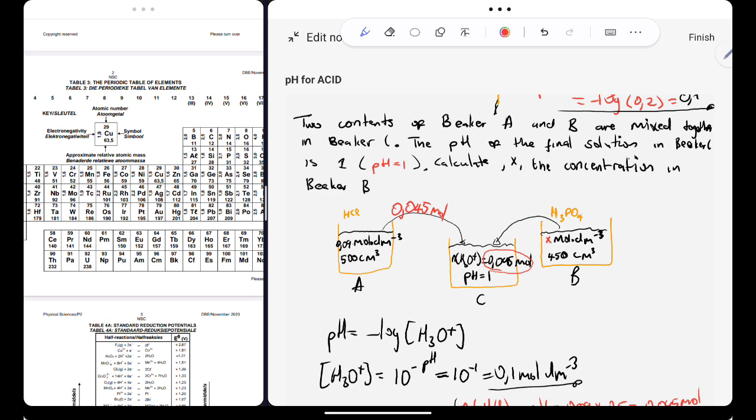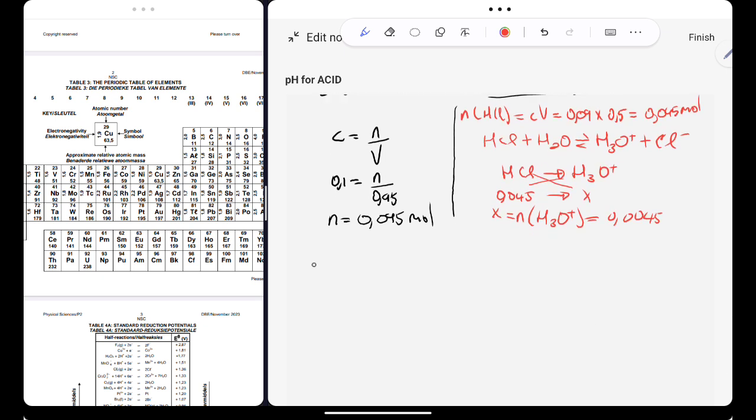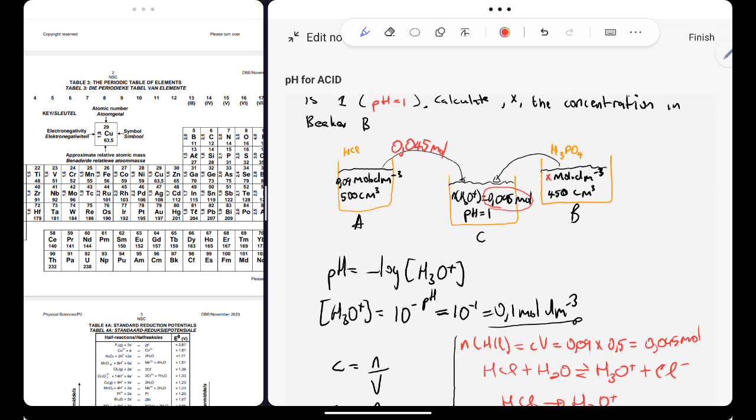That means the other part came from beaker B. So I'll simply say the number of hydronium ions in beaker B will be the total in beaker C, which is 0.095, minus the number of moles contributed by beaker A, 0.045. I'll simply get 0.05 moles of the hydronium ions. Are you together? So which simply means that this guy contributed 0.05 moles of the hydronium ions.